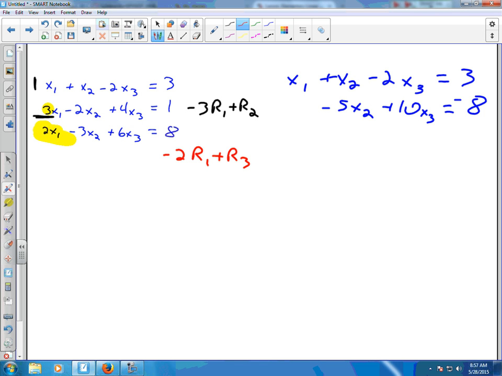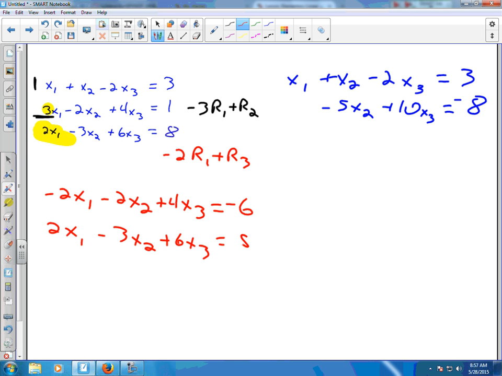That'll give us negative 2x1 minus 2x2 plus 4x3 equals minus 6. And then our bottom row was 2x1 minus 3x2, 6x3. Okay.